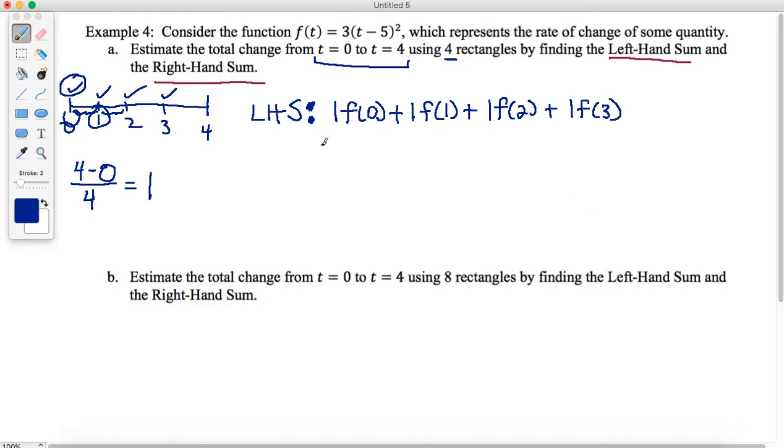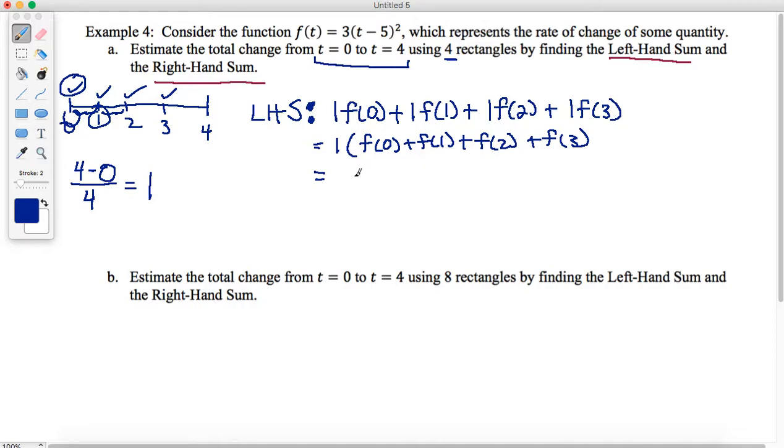Again, we could write that as 1 times f of 0 plus f of 1 plus f of 2 plus f of 3. I'm going to use my calculator and my table feature to help me figure that out instead of doing it by hand and entering it for each one.